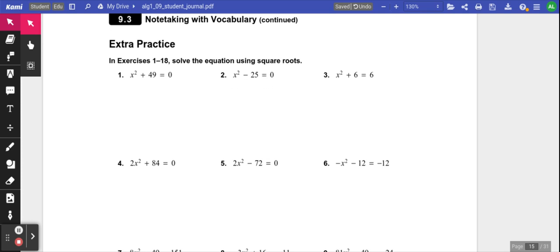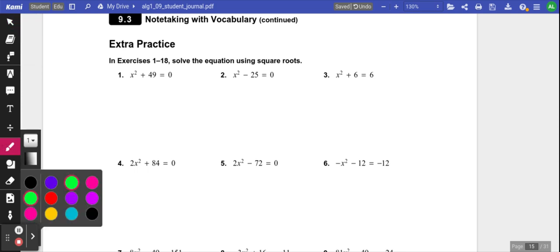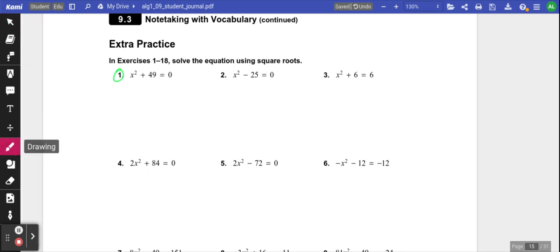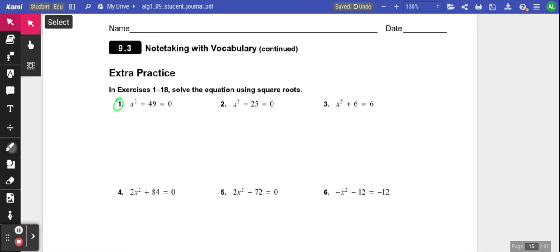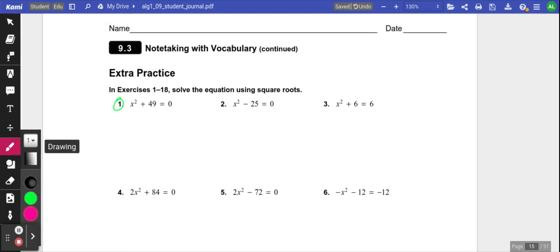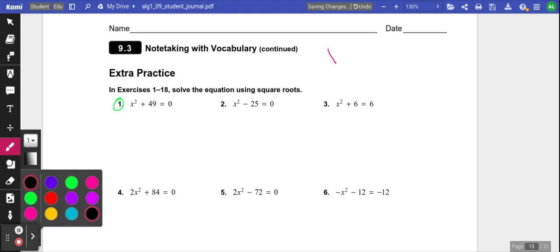Let's go into some examples. I'm going to do quite a few just because it's been a while since we've had to work something out like this. Let's start with number 1, which is similar to those examples I was showing you, but notice that the setup is slightly different. In order to solve these, the main thing we need to do is make sure you have whatever's being squared, usually x, so x squared equal to some value.